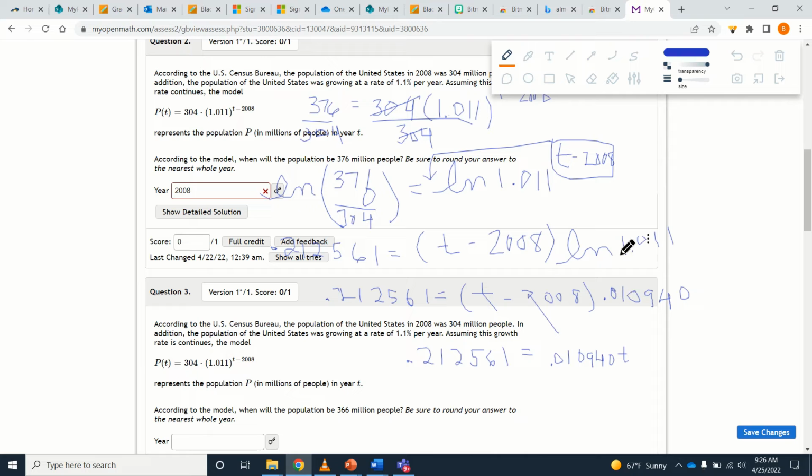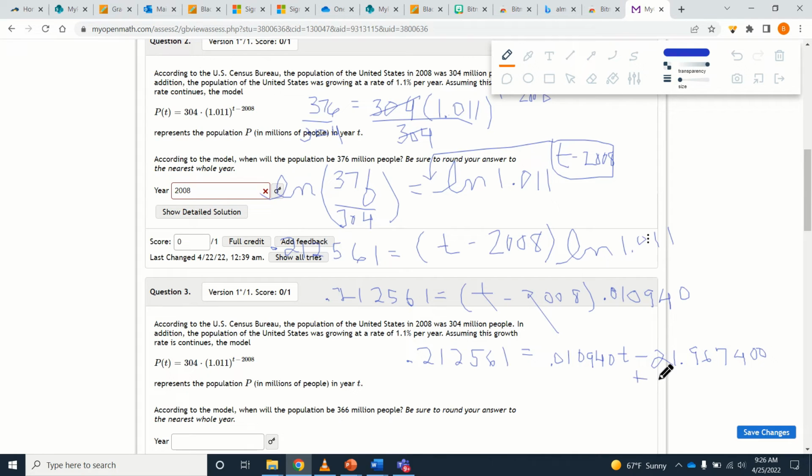And then this number times the 2008. And that'll be 21.9674.